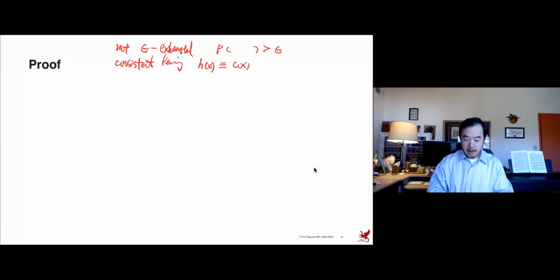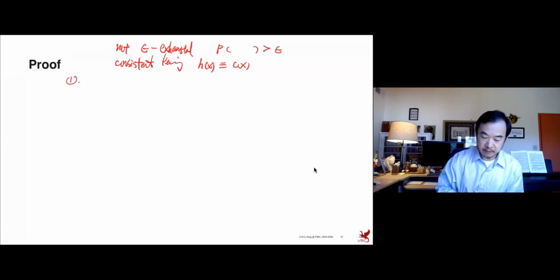Then we basically want to characterize how likely it is that the h in here is not able to upper bound its true error by epsilon. Okay, so here let's look at all these events in a sequence.